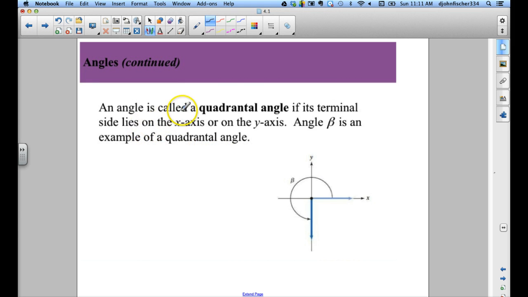Now, an angle is called a quadrantal angle if its terminal side lies on the x or y axis. Angle beta is an example of a quadrantal angle. This one rotates a positive amount, ends up right here. This is 270 degrees because it rotated 3/4 around the circle. So it's 270, and this is a positive quadrantal angle because it falls on the axis.